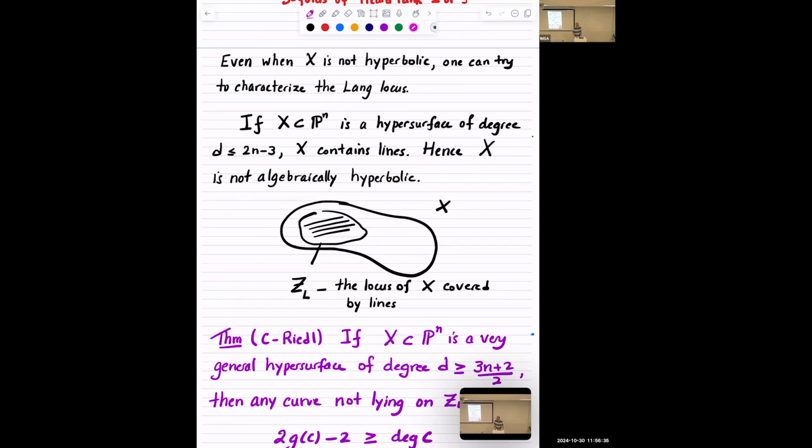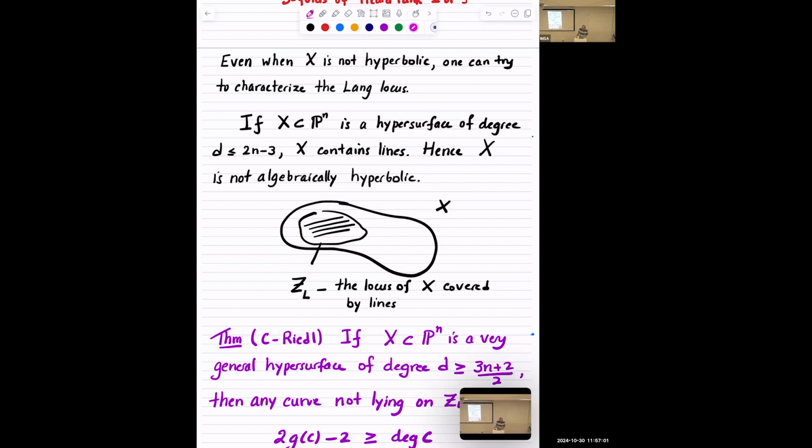Let me remind you that the Lang locus is the locus of the image of all these rational curves, or, depending on which context you are talking about, the image of all entire curves, and so on and so forth. Again, I will concentrate only on the algebraic hyperbolicity side of it, so no claims about entire curves here.